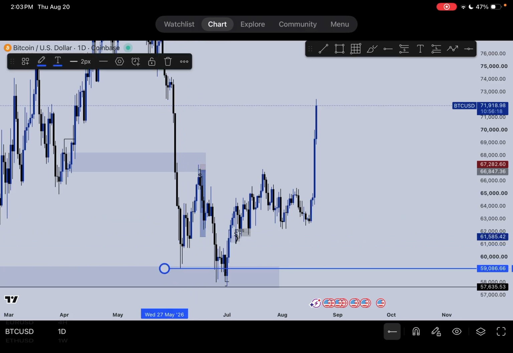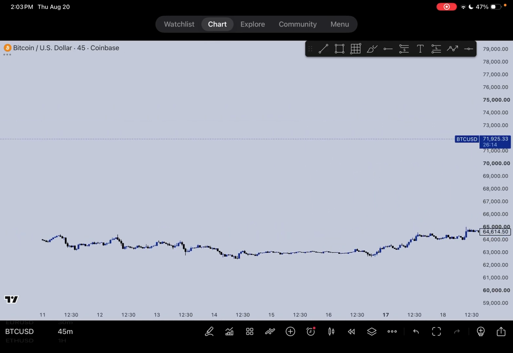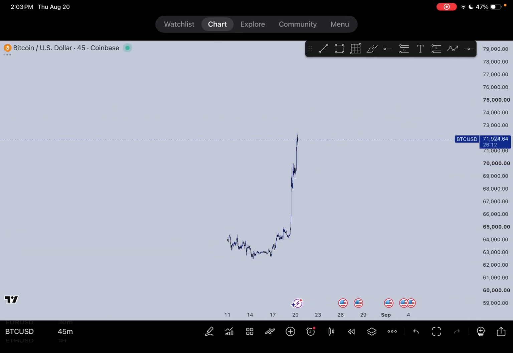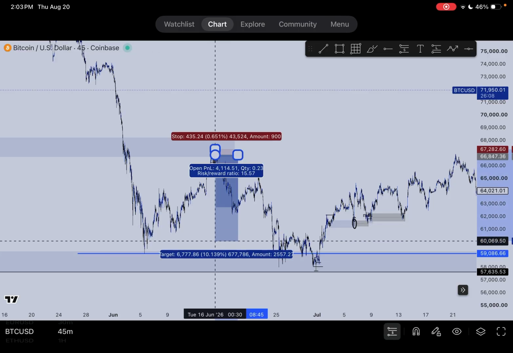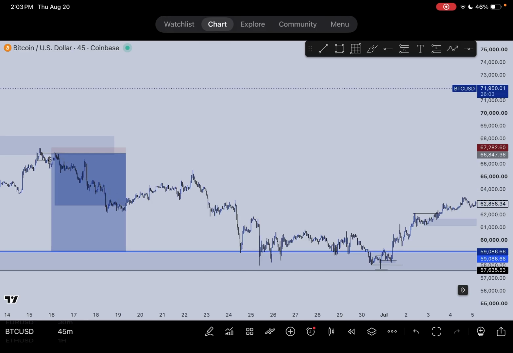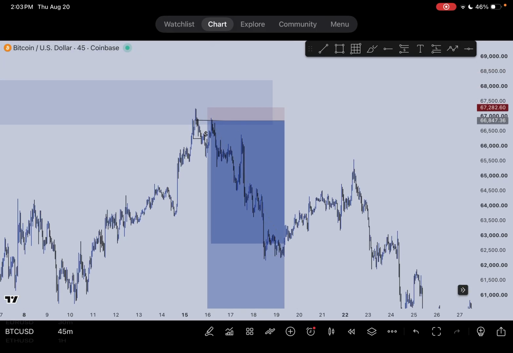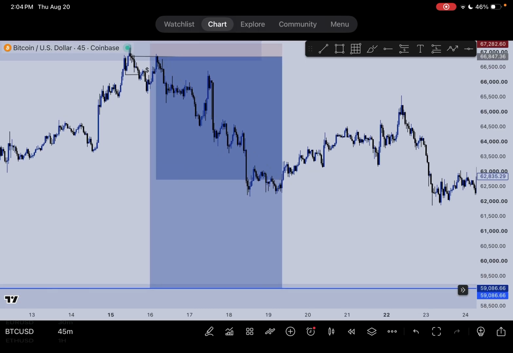This is the low. This is the low we are targeting here. You can clearly see it.